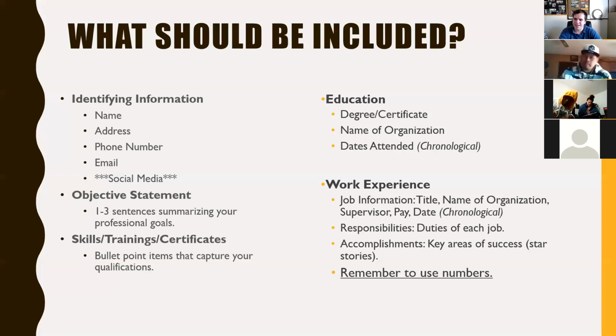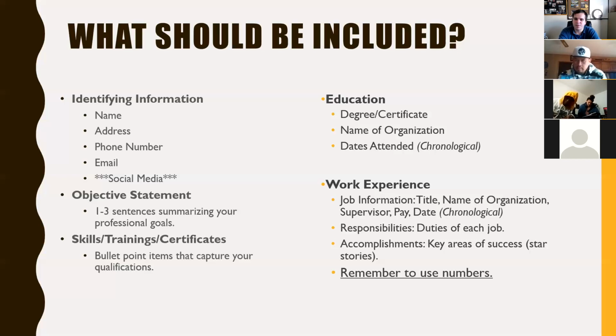An objective statement is basically a 1 to 3 sentence summary of your professional goals. Basically, what are you hoping to do with your life, and where do you see yourself going? So for me, it would be like, hey, I am an energetic, enthusiastic, positive person.